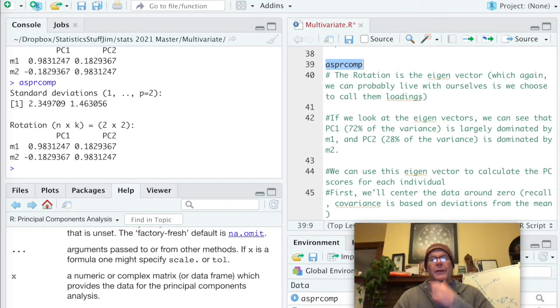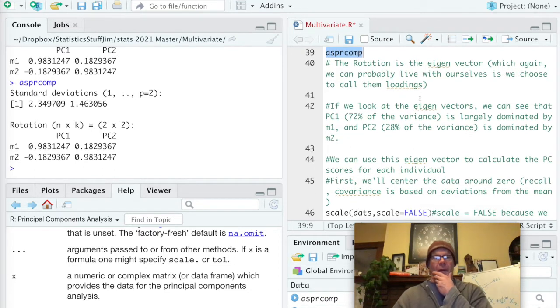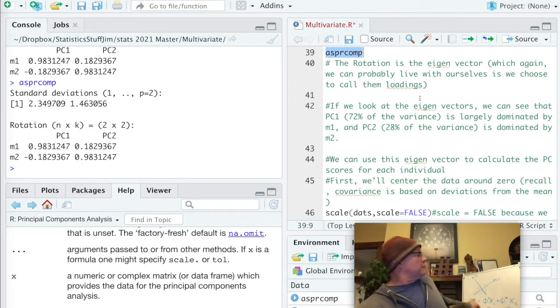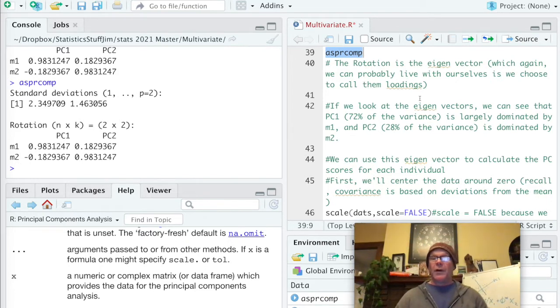So what can we do with that? Let's try to understand how we could calculate what our scores are, like that Z1. The first thing we need to appreciate is that behind the scenes, the prcomp function is doing the whole matrix decomposition based upon the covariance matrix.